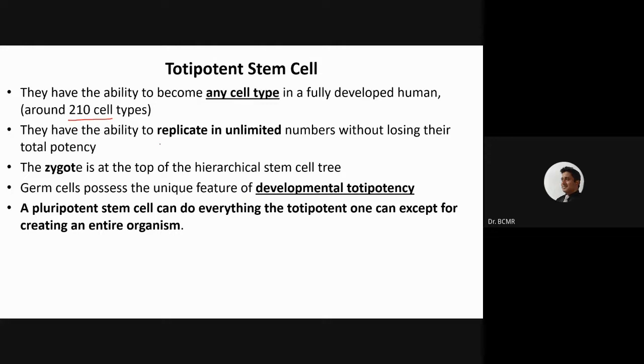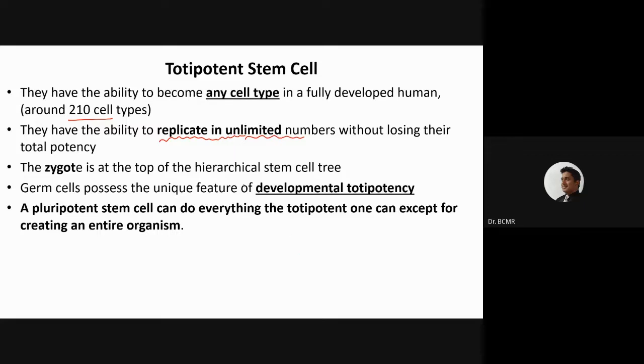Embryonic stem cells, or even totipotent stem cells, can replicate an unlimited number of times. Every other cell type has a little bit of limitation. They can divide only 50 times or so, right?